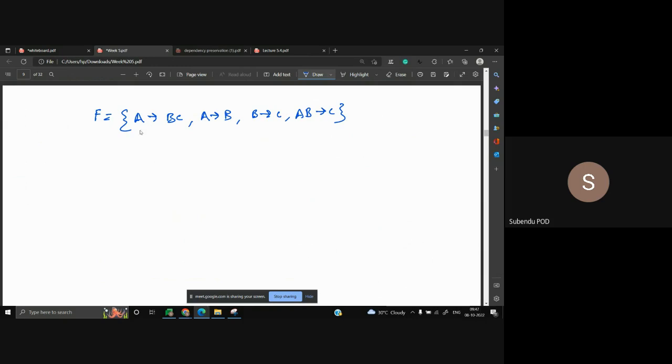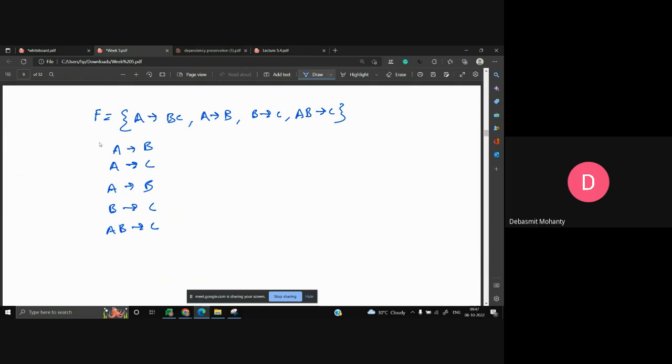First, the right hand side should be unique, so you have to break it. You write A determines B, A determines C, then A determines B, B determines C, then AB determines C. So up to the first step is clear.